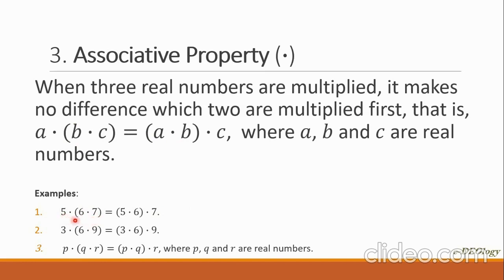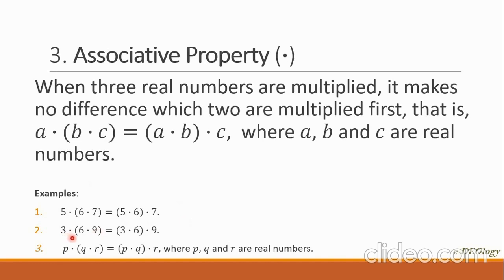The answer will be the same even if we group the 5 and 6 first, taking the product here. After that, the product will be multiplied to the number 7. At the end, these two sides will have same answer.